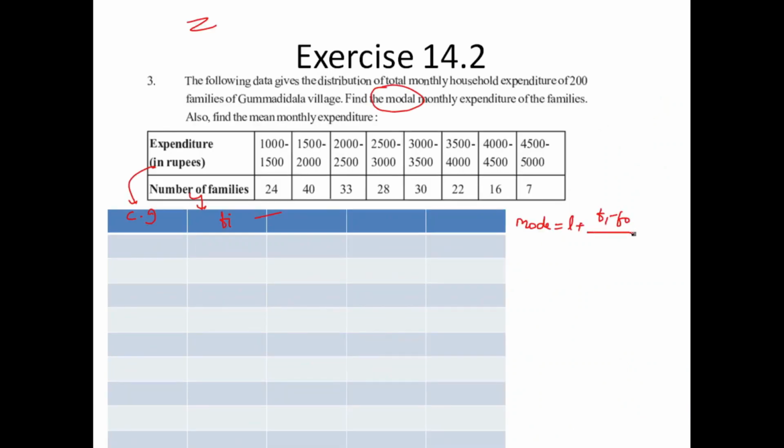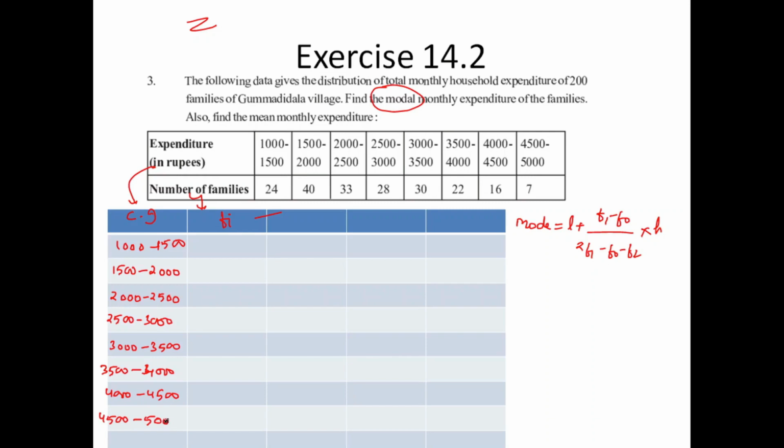Z equals L plus (F1 minus F0) by 2 into F1 minus F0 minus F2, into H. Okay, so let's remove the data here. I'm having class intervals of 1000 to 1500, 1500 to 2000, and so on up to 4500 to 5000.